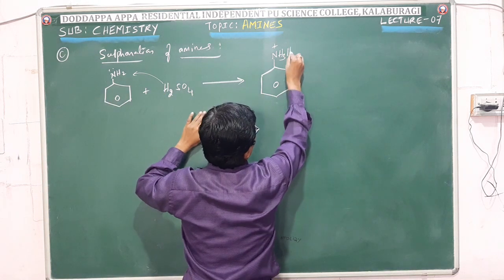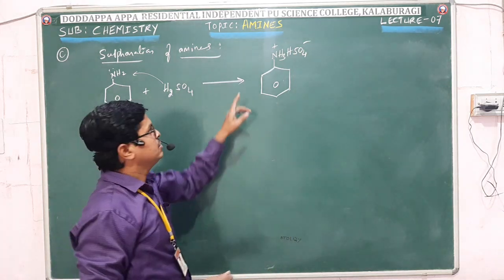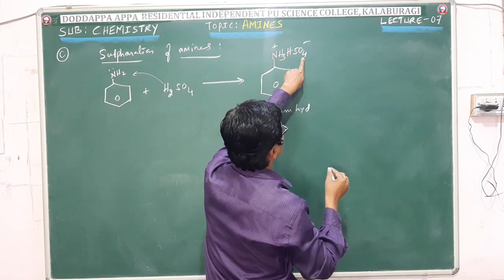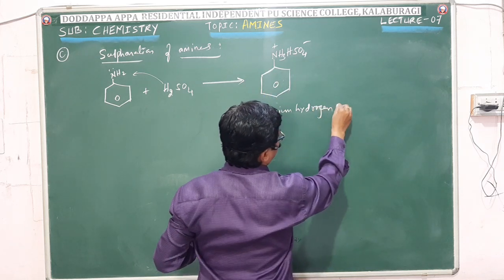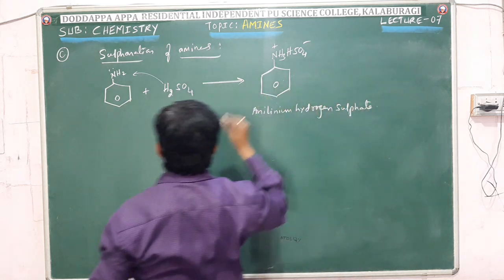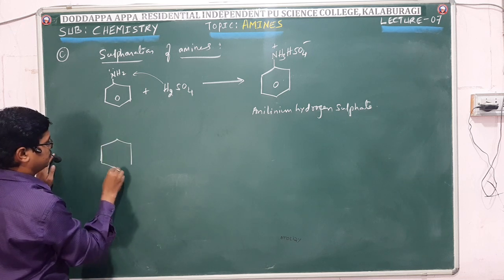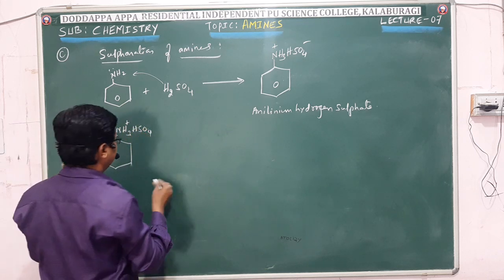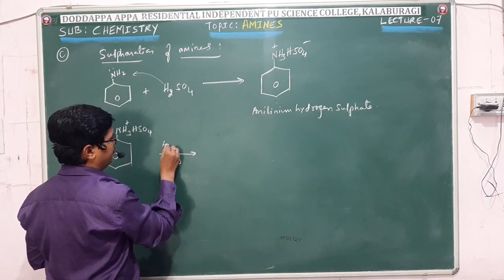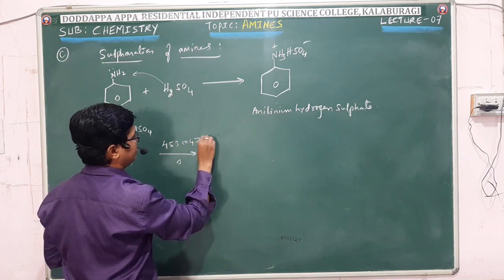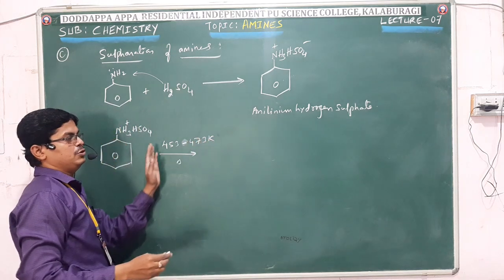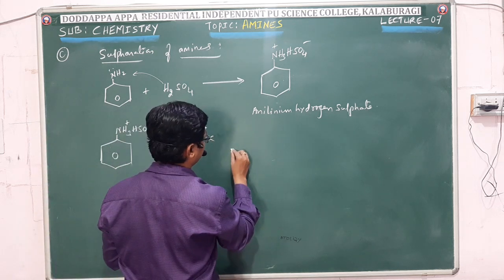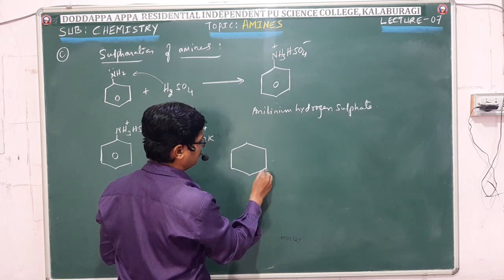So it forms anilinium hydrogen sulfate. Further, the obtained anilinium hydrogen sulfate is heated at 453 to 473 Kelvin in the presence of sulfuric acid to form sulfanilic acid.